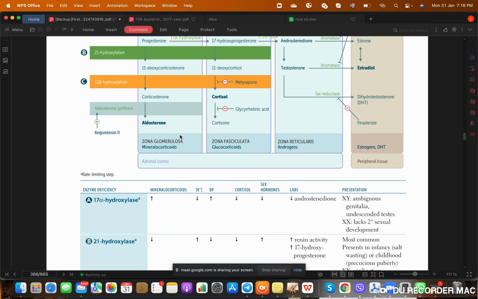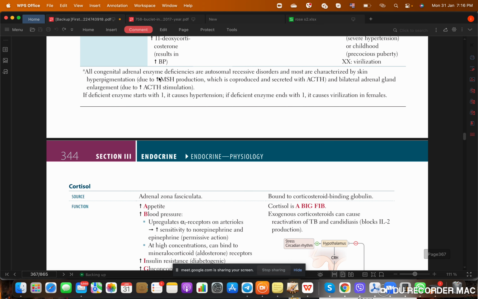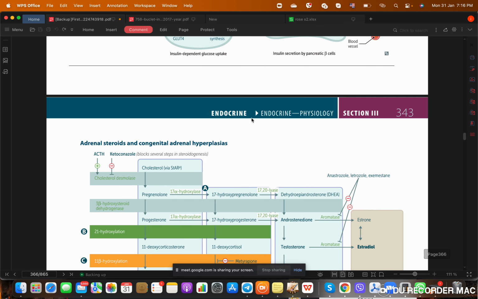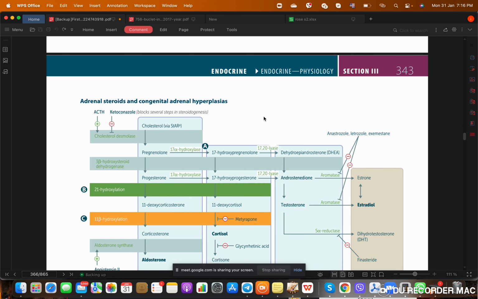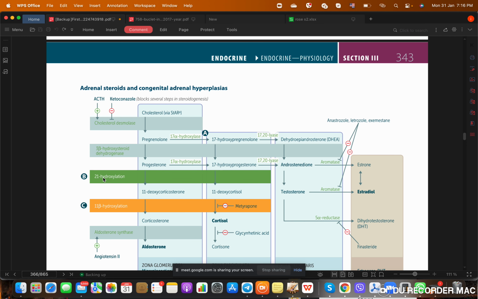Okay, guys, there is a trick they mention here. I always use it. It always works. It's really interesting. They tell us that if the enzyme defect starts with 1, the patient is going to have high blood pressure. But if it ends with 1, the patient is going to have virilism.